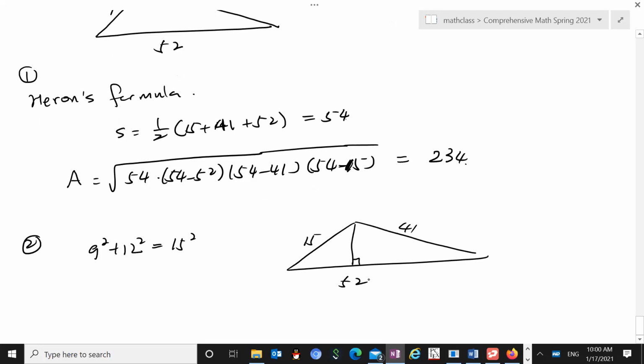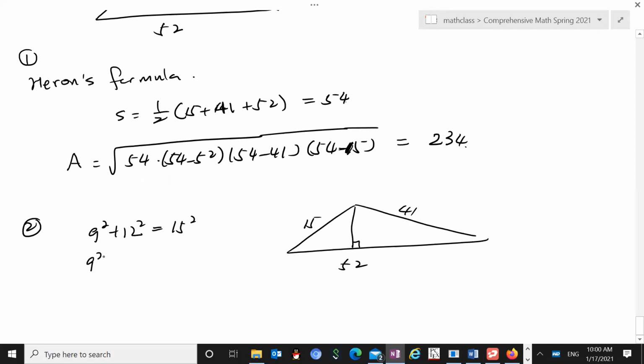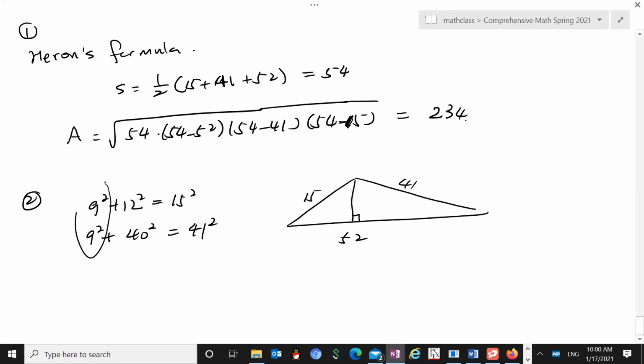So it's possible it consists of 2 special right triangles. So how can I get a 15? I remember 9 squared plus 12 squared equals 15 squared. Otherwise, how can I get 41? 9 squared plus 40 squared equals 41 squared.